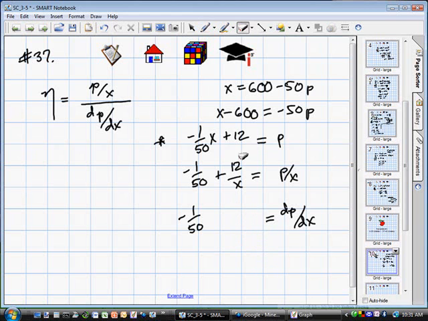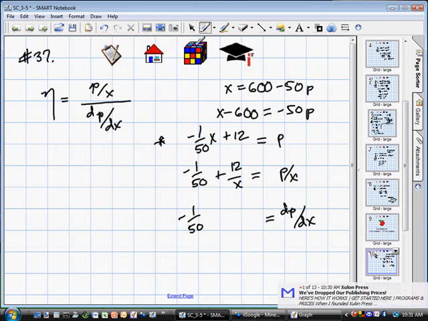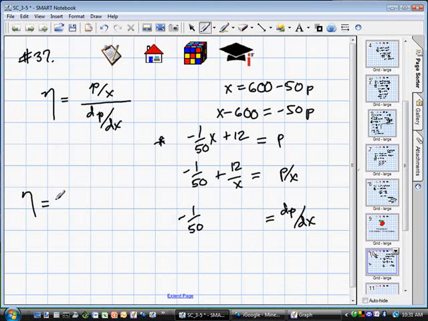There we go. And now, finally, what is eta? It's this guy. Sorry, I did it again. Look at the right line. P divided by x, so that's negative 1/50th plus 12 over x, divided by this guy.